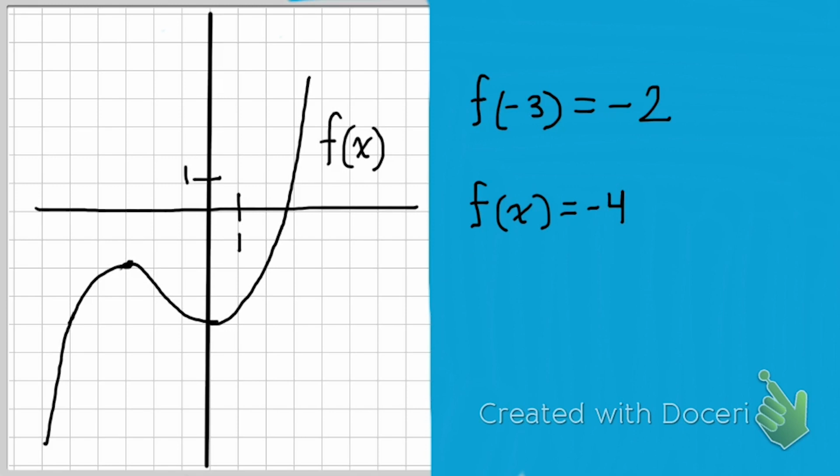So for this solution, this one is a little bit different, or a little bit not as convenient as the other one. Here I had f of -3, what is it? And then I could just say it equals -2. Well, here I can't really just jump in and plug in for x.